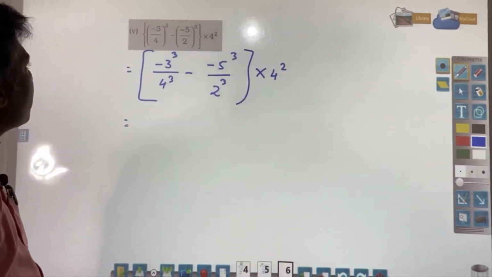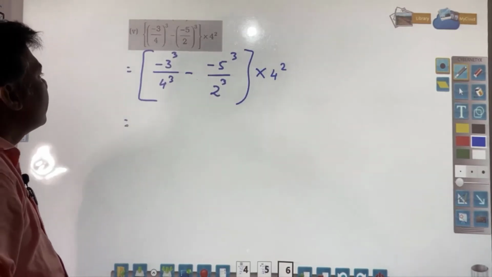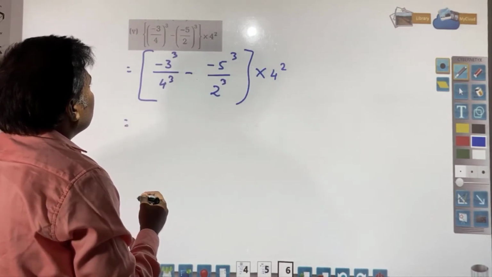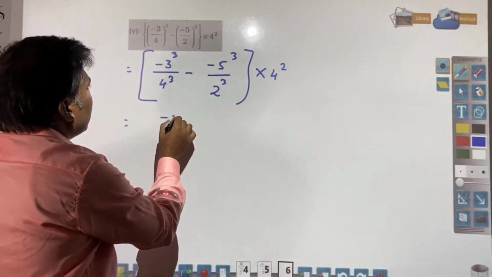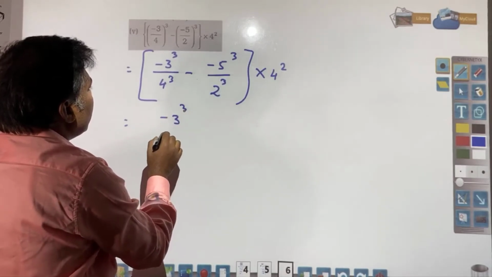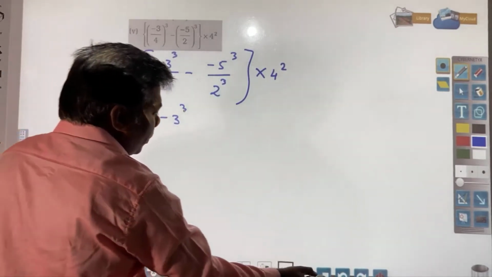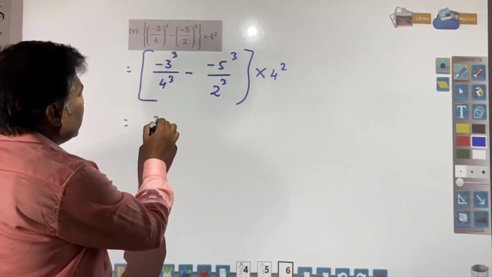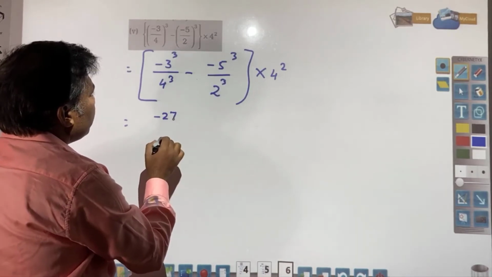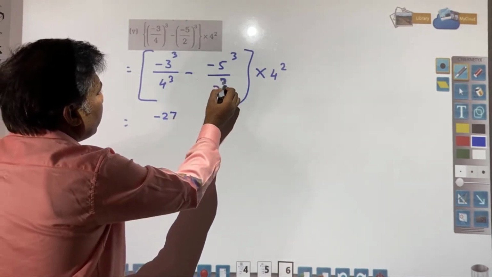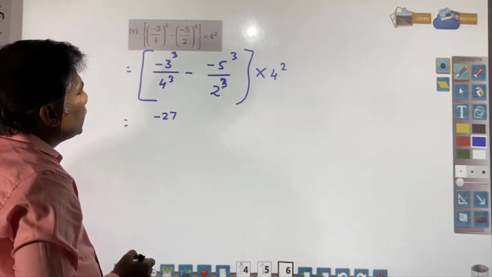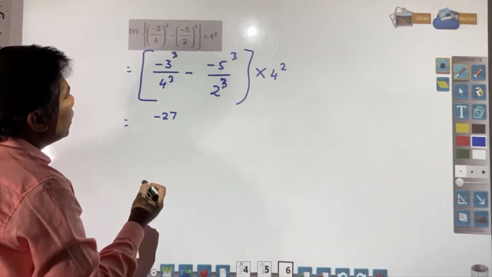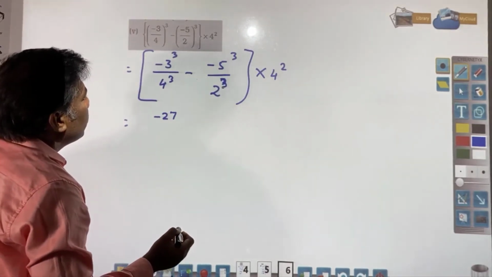Now here you see, what we can write is minus 3 to the power 3 divided by, this you multiply, 3 3s are 9, 9 3s are 27, divided by, here we have 4 4s are 16 and 16 4s are 64.